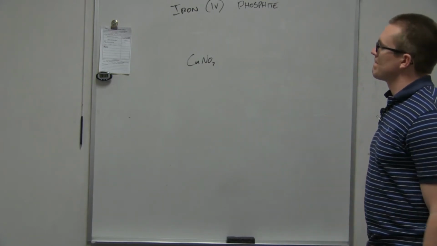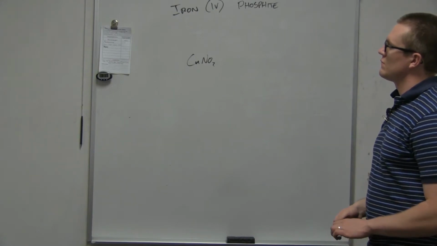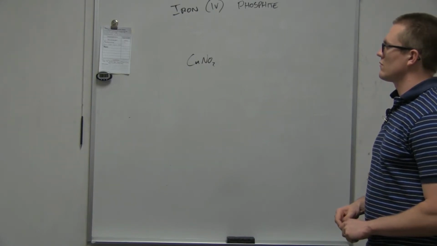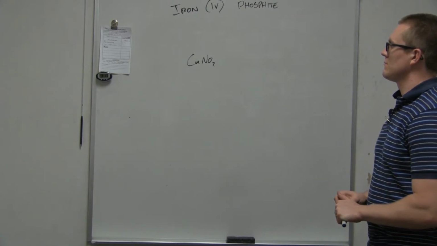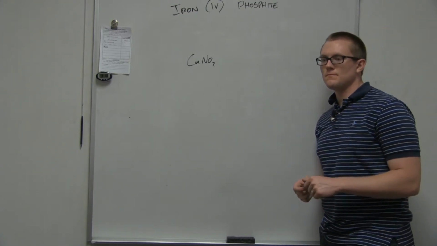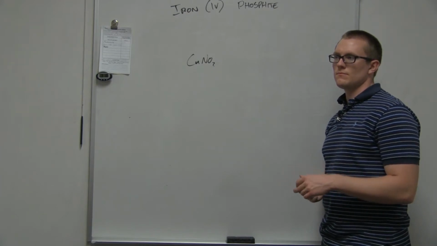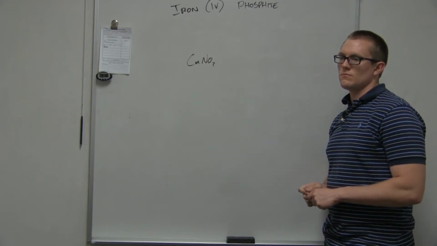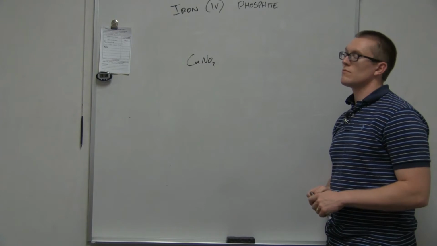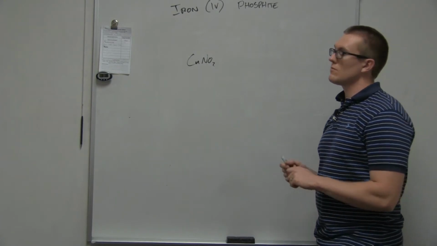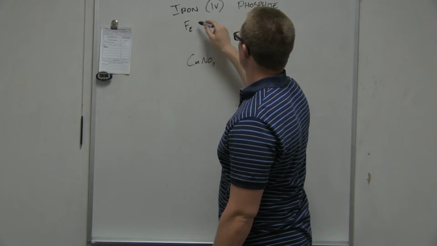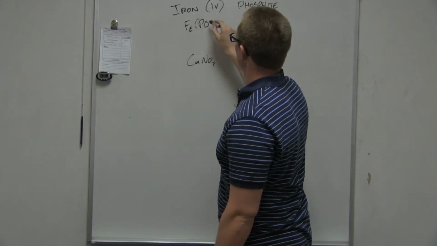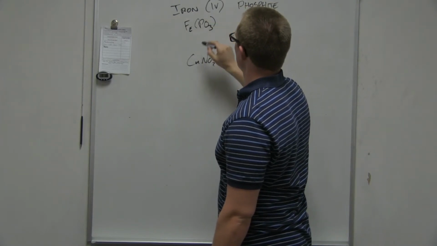Okay, so the top one would be Fe for iron, and then in parentheses PO3, close parenthesis 2.